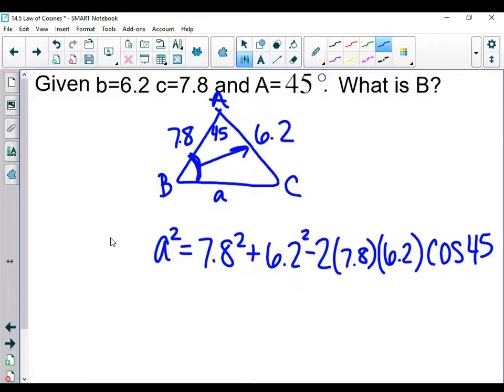Get to plug them straight in. And they only did one decimal place, so I'm going to stick with that.